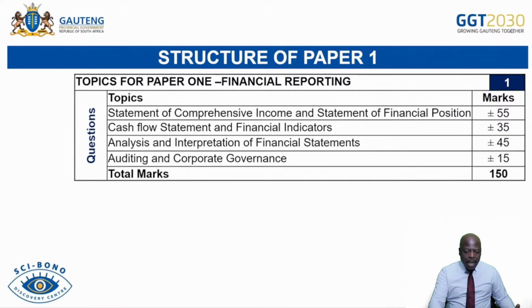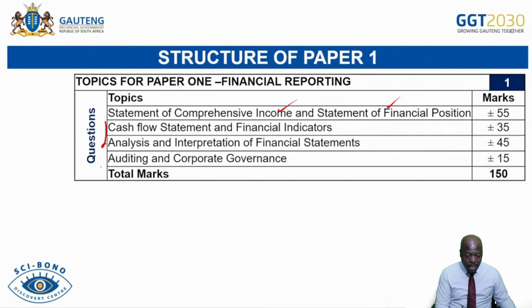When you look at the structure of paper one, it is very important, as the past trend has shown us, that you can have a couple of options. There are about 4 options. Option number 1 has your statement of comprehensive income and the statement of financial position.